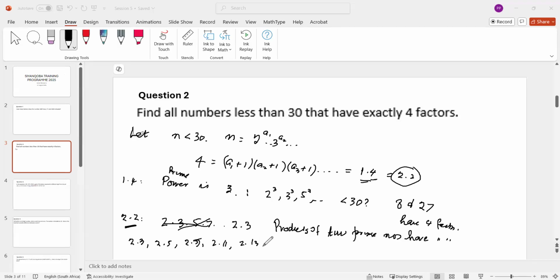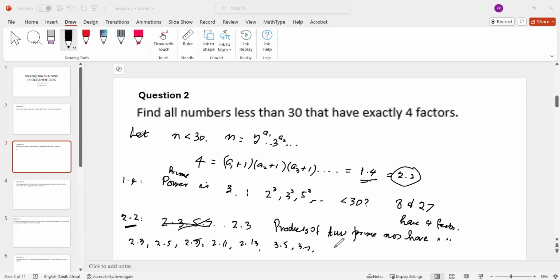That gives you 26. And you can't go beyond that because the next one is 2 times 17, which is too much. But now you can start with 3. 3 times 5. It must be two distinct prime numbers. 3 times 7, that gives you 21. And 3 times 11 is too much.